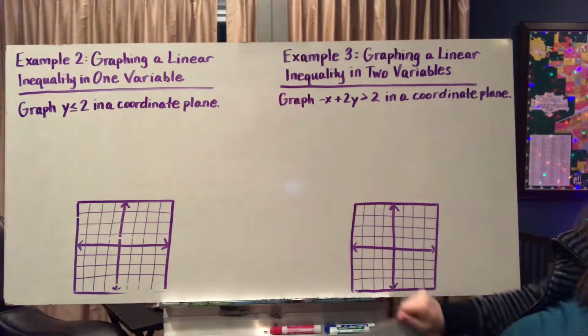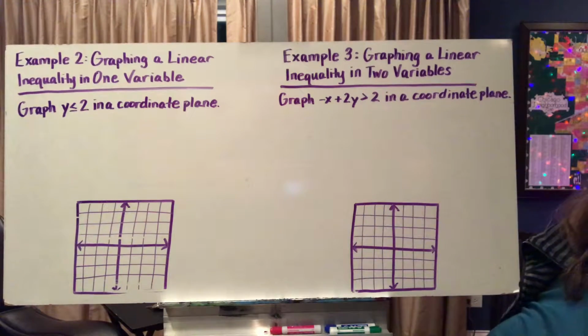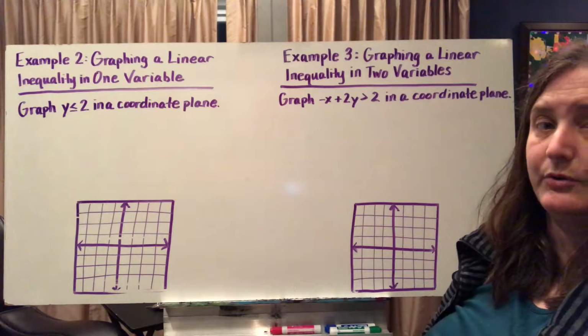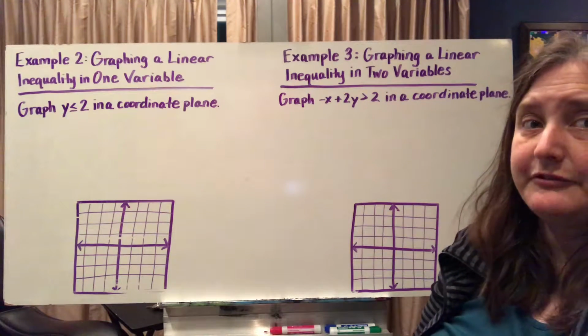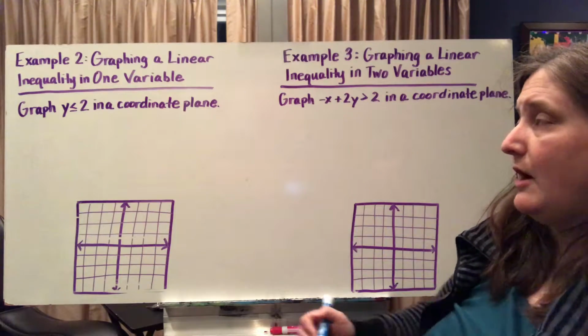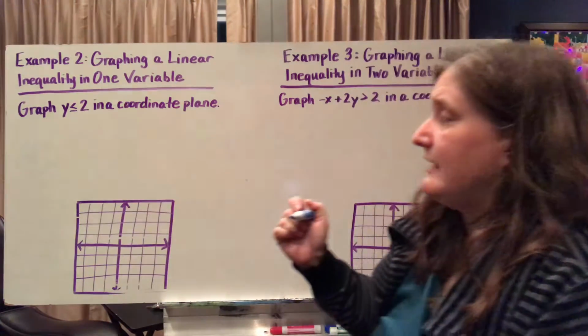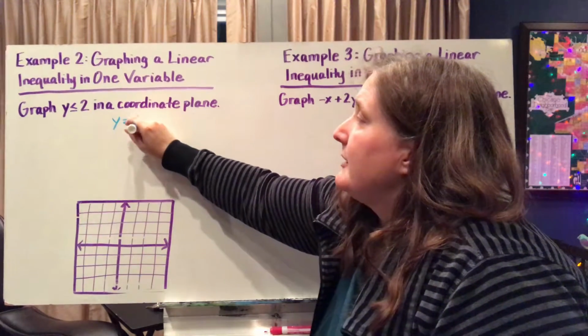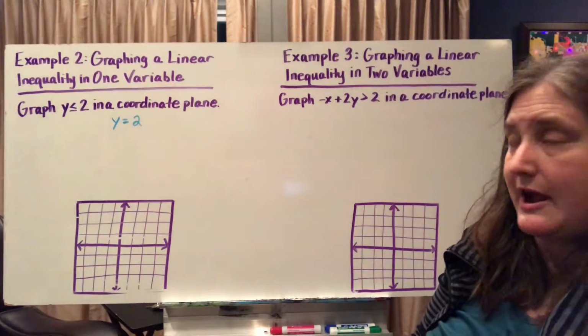So let's see how this works. Here I'm being asked to graph y is less than or equal to 2 in a coordinate plane. The first thing I have to find is the boundary line. So I'm just going to act like this has an equals in it. So y equals 2. And I'm going to find that line on my graph.